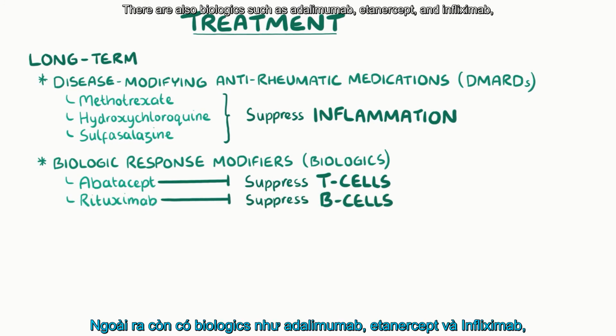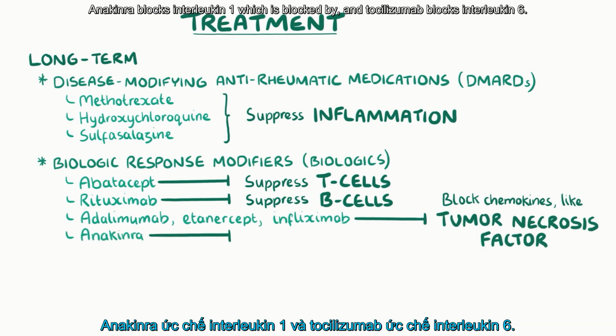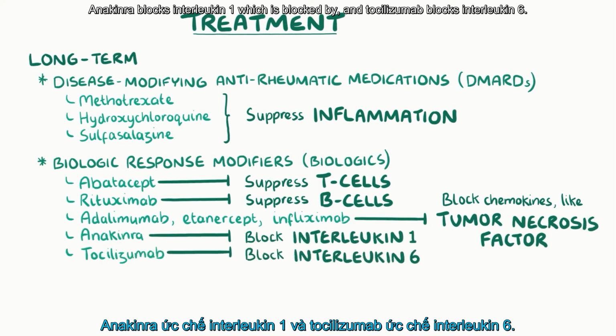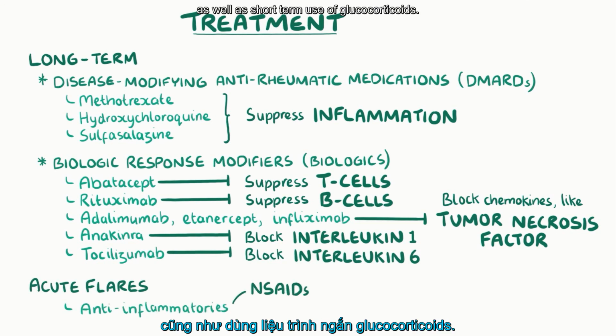There are also biologics such as adalimumab, etanercept, and infliximab that block various chemokines like tumor-necrosis factor. Anakinra blocks interleukin-1, and tocilizumab blocks interleukin-6. Treatment of acute flares can be done with anti-inflammatory medications like NSAIDs, as well as short-term use of glucocorticoids.